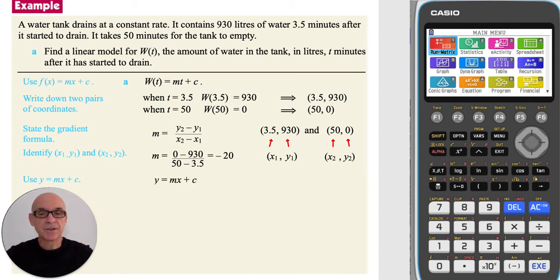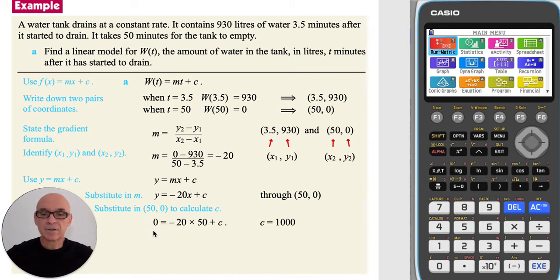Next, using the equation of a straight line, also given on page 5 of your formula booklet, we substitute in the value of m, and then substitute in one of the points to calculate c. I chose the point 50, 0.